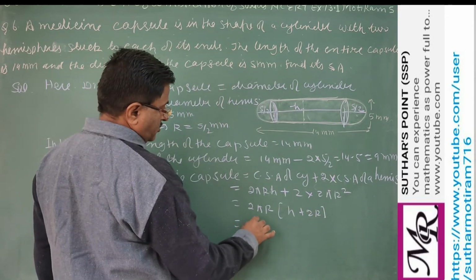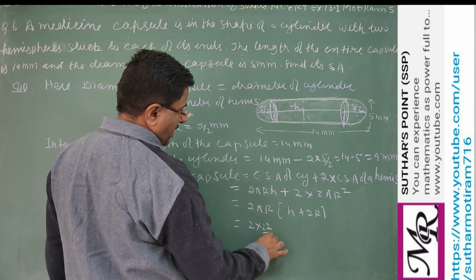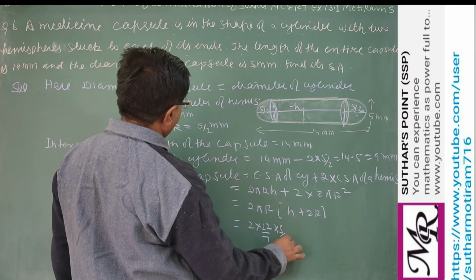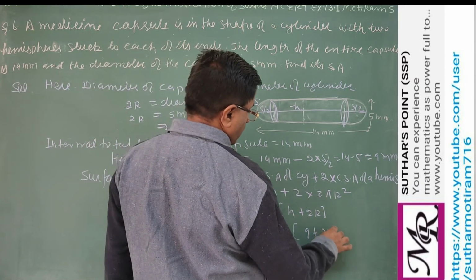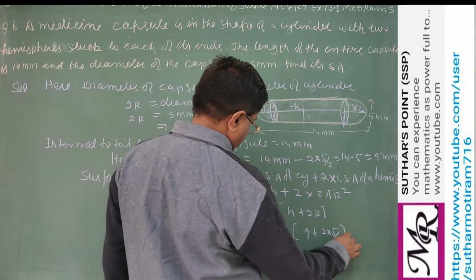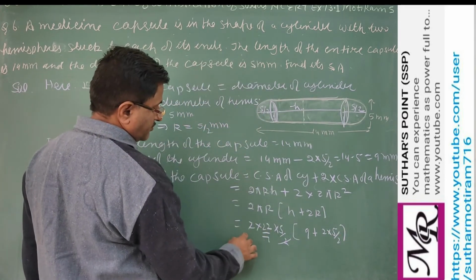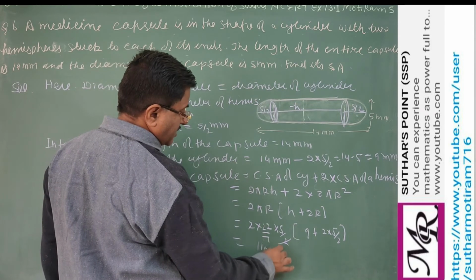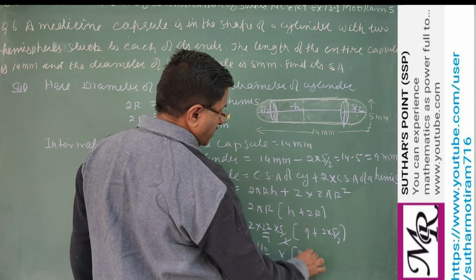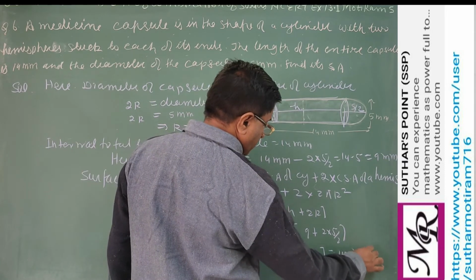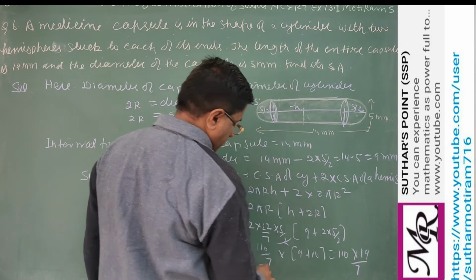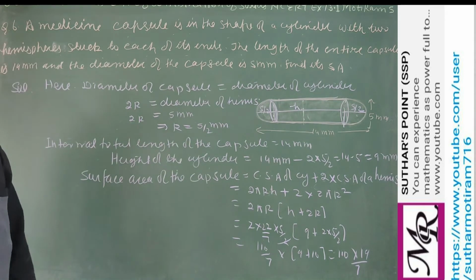Then put all the values. r is the radius 5/2. h is 9. 2 into 5/2. So this is 2 into 22/7 into 5/2, and this is 9 plus 5. That you have to solve.